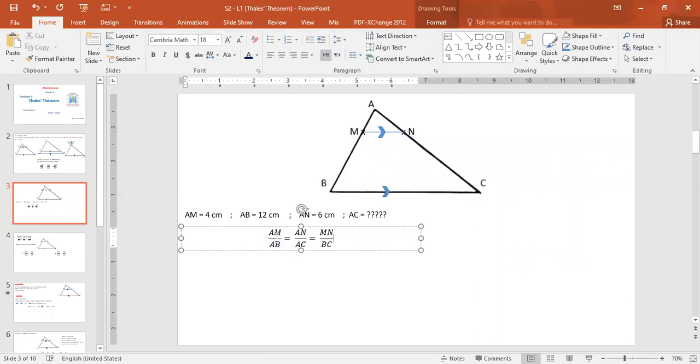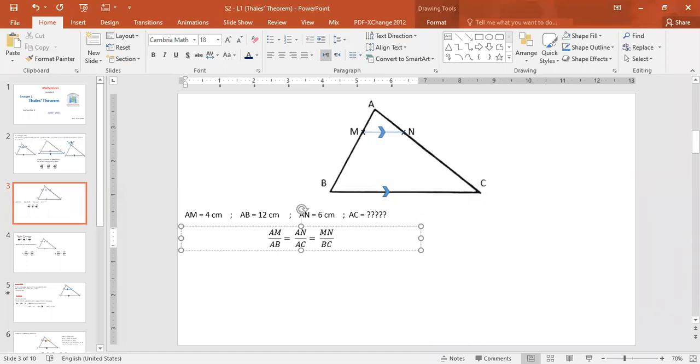Do you have the measure of AM? Yes. Do you have the measure of AB? Yes. Do you have the measure of AN? Yes. Do you have the measure of AC?